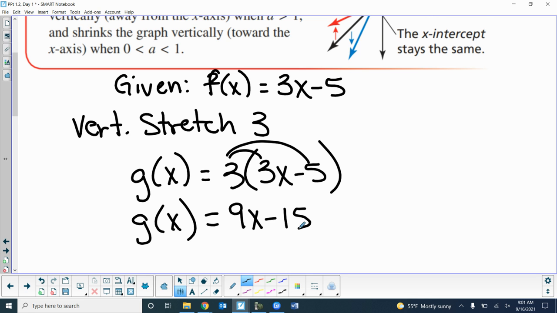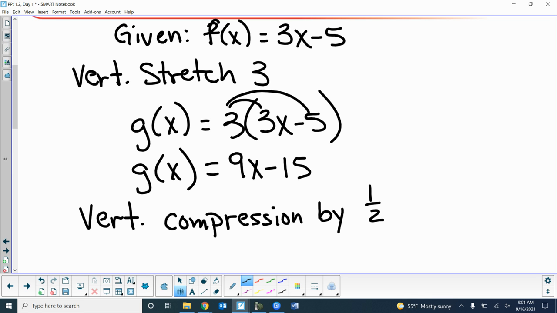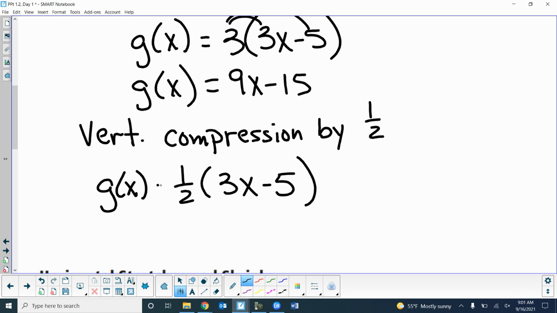If we do the compression or shrink by 1/2, we just put 1/2 out front of 3x minus 5. We'll call it g also. So distribute the 1/2. What's 3 times 1/2?